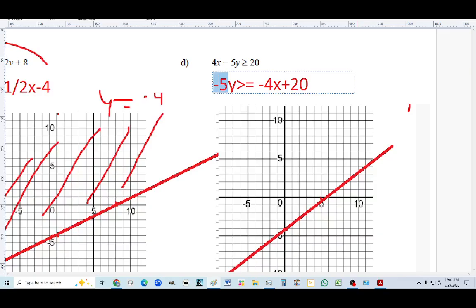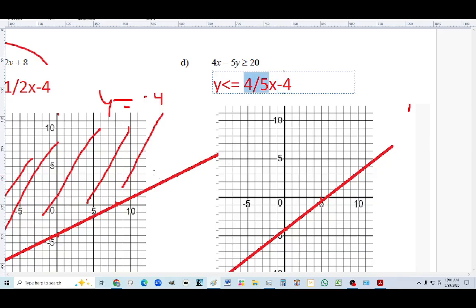So I'm going to divide by minus 5 on the left side, which instantly changes this sign. When I divide this by minus 5, it'll become positive. And plus 4 divided by 5 is 4/5. And 20 divided by minus 5 becomes minus 4. You can see we get the y-intercept automatically here, and this is the slope.